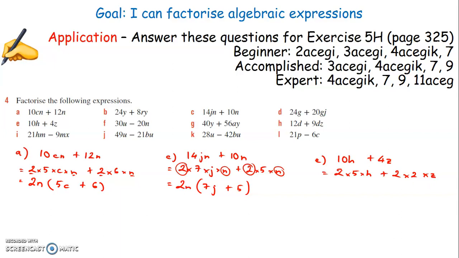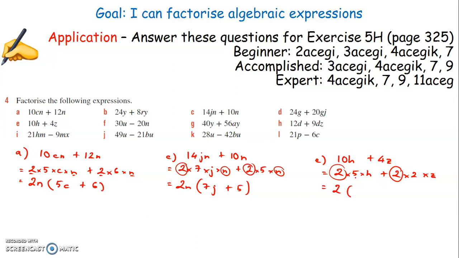So the only thing that's the same here is this number 2 and this number 2 here. Now, we only need to take one 2 outside, okay? One number 2 outside. So this number 2 here, we just leave it there, okay? So take the first number 2 outside.